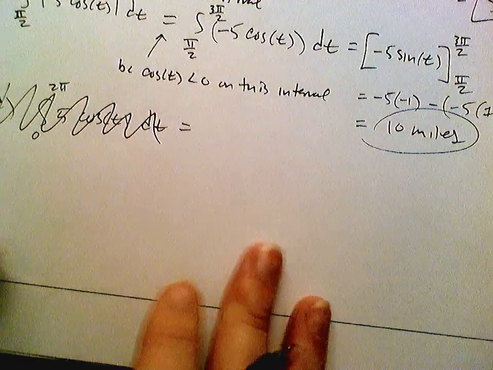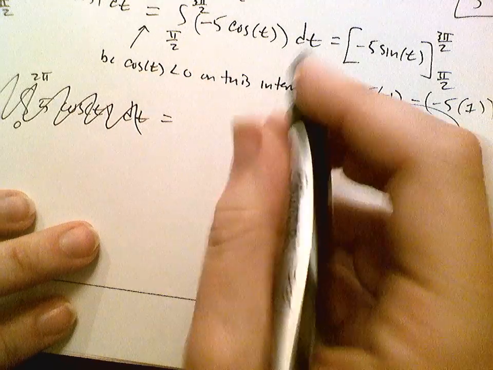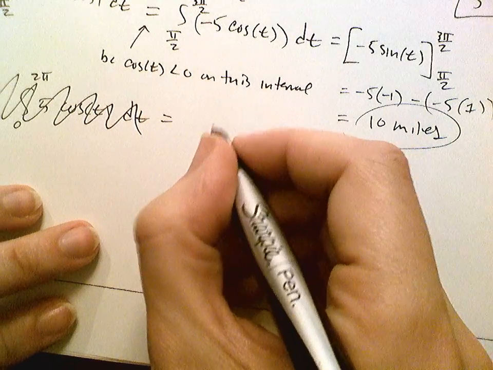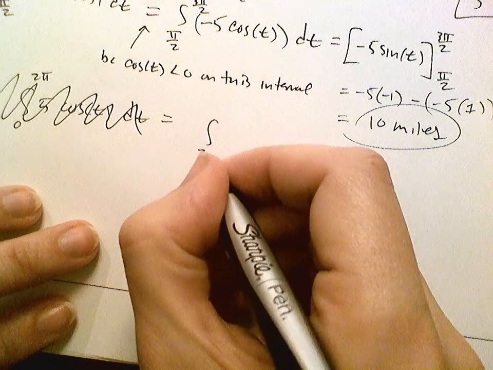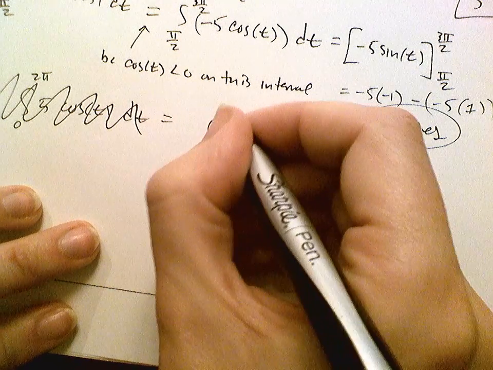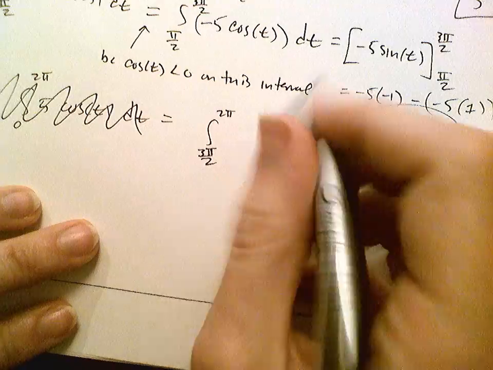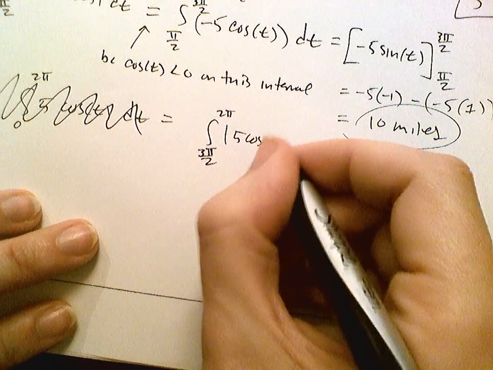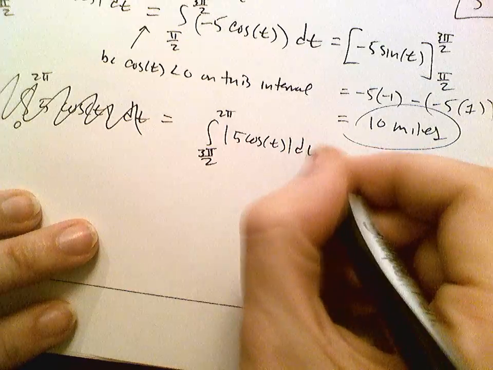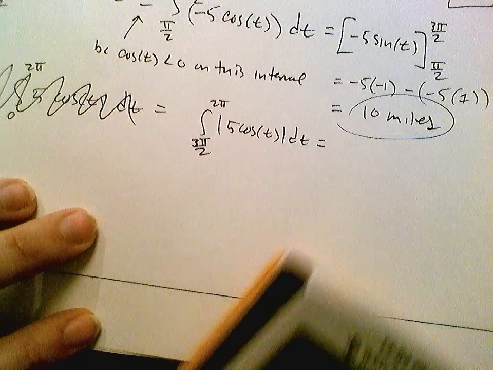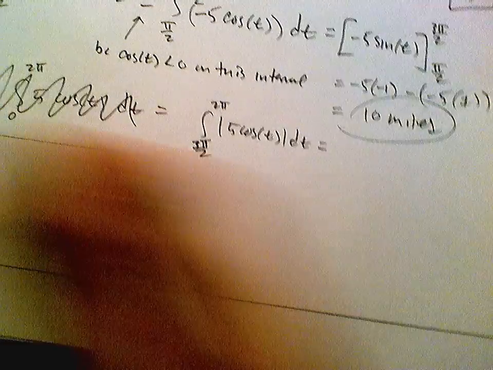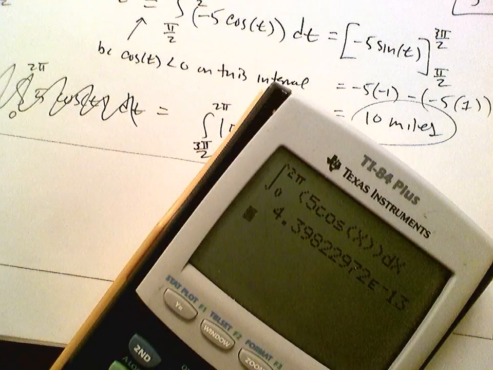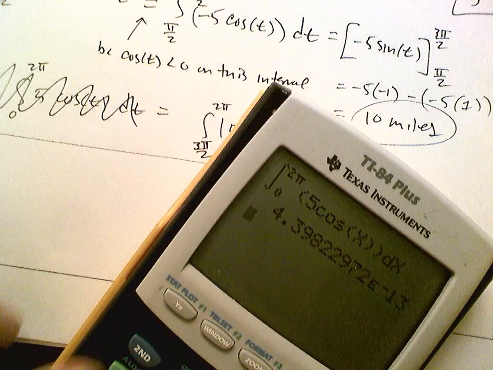I think that it would have been worth it to find this last one. Okay, so the last integral would have been 3 pi over 2 to 2 pi. It's positive there. Well, anyway, I'll go 5 cosine of t dt. All right, so I'm still on part C, I guess. Sorry, you guys. I just can't start over now. This video is too long.